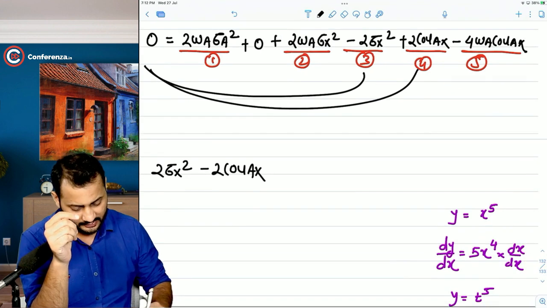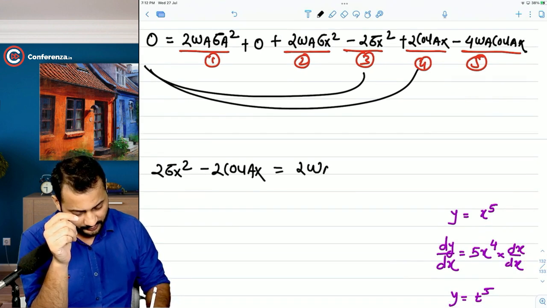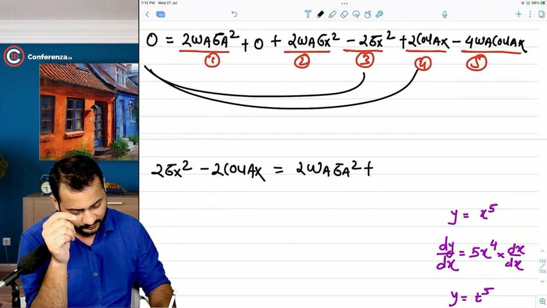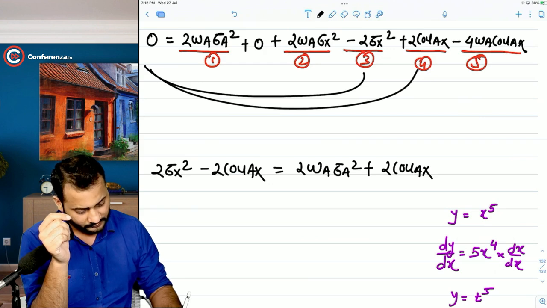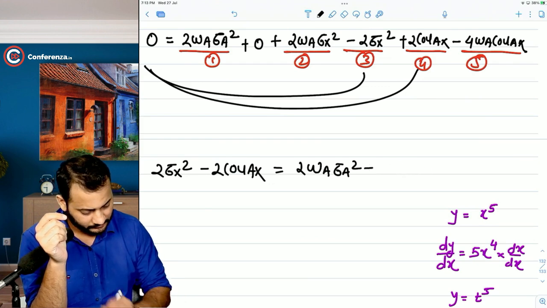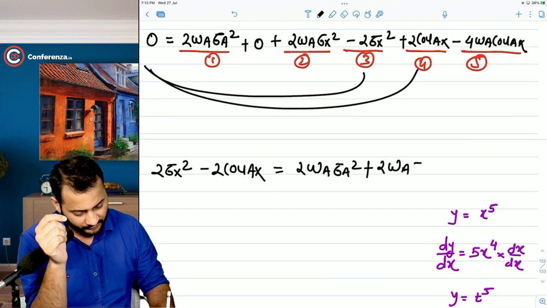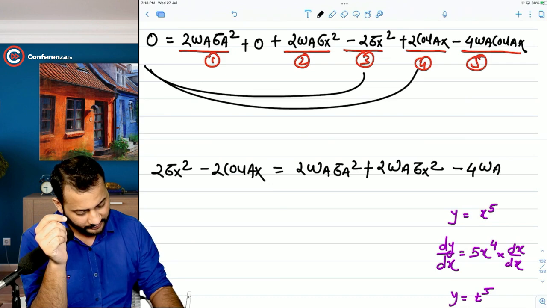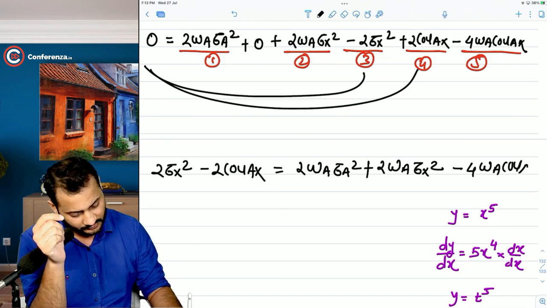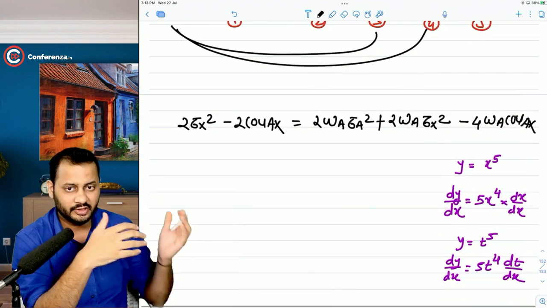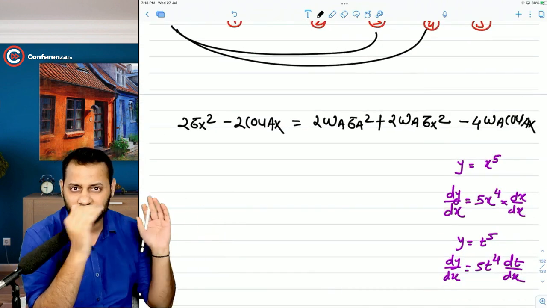This part, and then the balance 2 into weight of A standard deviation of A square plus 2 into covariance of AX minus, first, second plus 2 into weight of A standard deviation of x square, and fifth 4 into weight of A covariance of AX, right? So 2 terms are on the left hand side, 3 terms are on the right hand side.